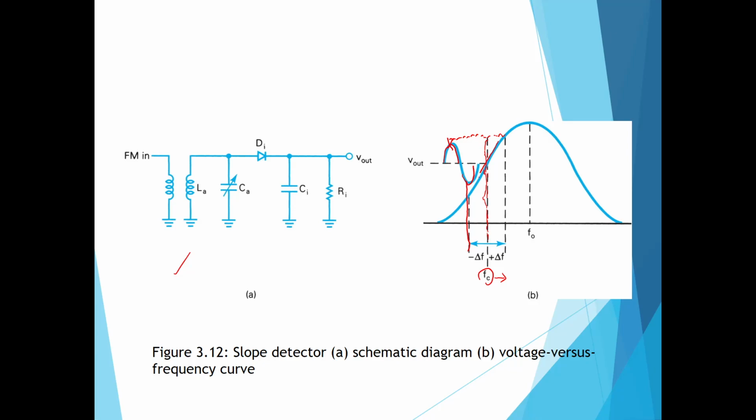So that means the frequency variation of the input will produce voltage variation at the output. Okay, so the demodulator will keep track of the frequency changes from the input, and it will produce the amplitude variation to the output.